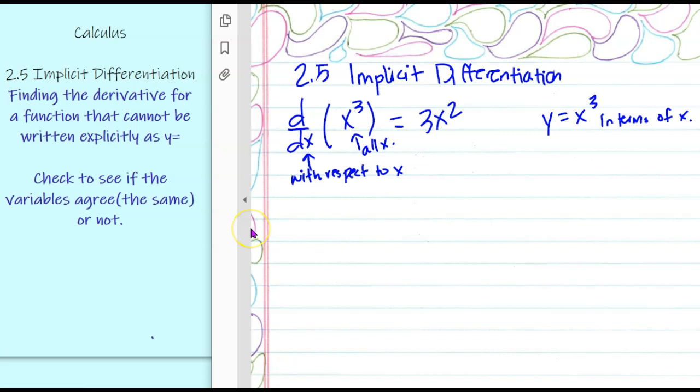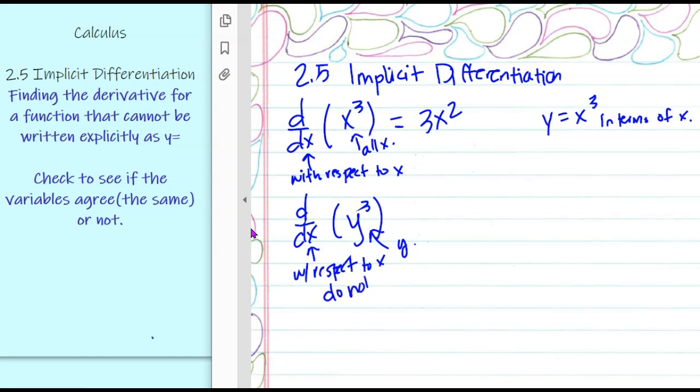But what we do when we take an implicit derivative, something like d dx of y cubed, note that this says take a derivative with respect to x, but this variable is y. They are not the same. We're going to call that variables that do not agree.